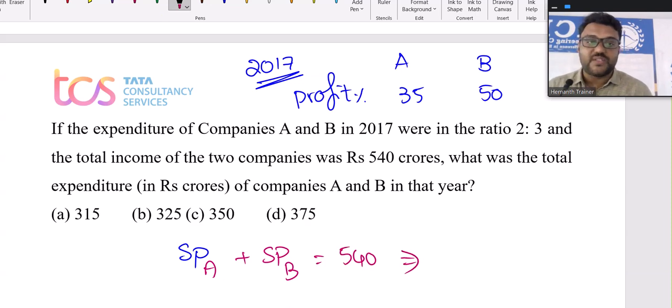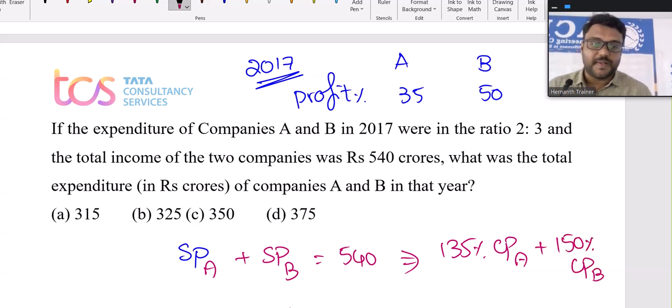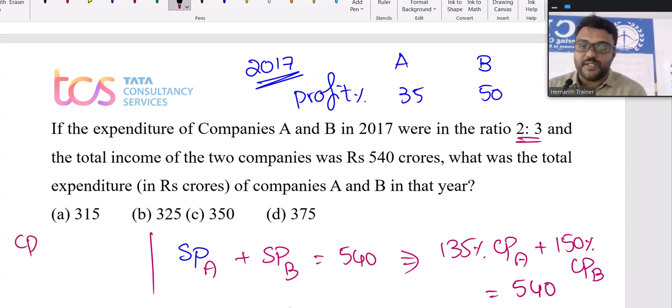Selling price of A is 135% of cost price of A. Why 135%? I hope you know. Selling price of B is 150% of cost price of B, which is equal to 540. Up to here, any doubt? No, right. And listen, they gave the cost price of A and B as 2 is to 3.